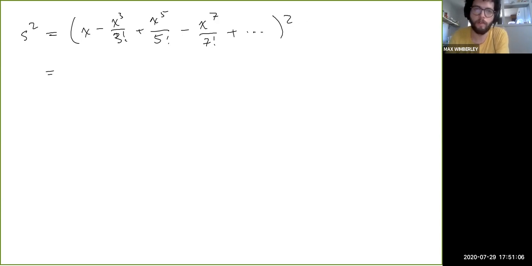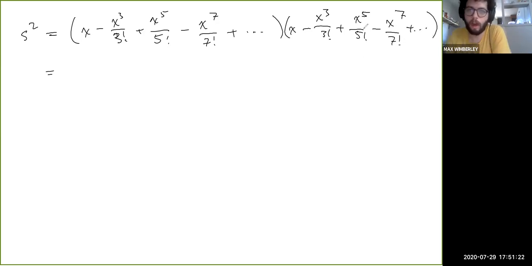So it's like you imagine there being two copies of this: x minus x cubed over 3 factorial plus x to the 5th over 5 factorial minus x to the 7th over 7 factorial plus and so on, right? To get every possible term that actually shows up in the product, all you have to do is go through the ways of choosing one term from this factor and a term from the other factor and multiplying them together, right?